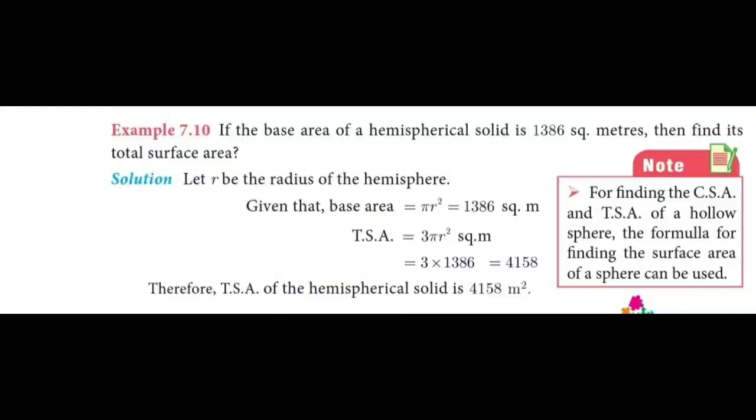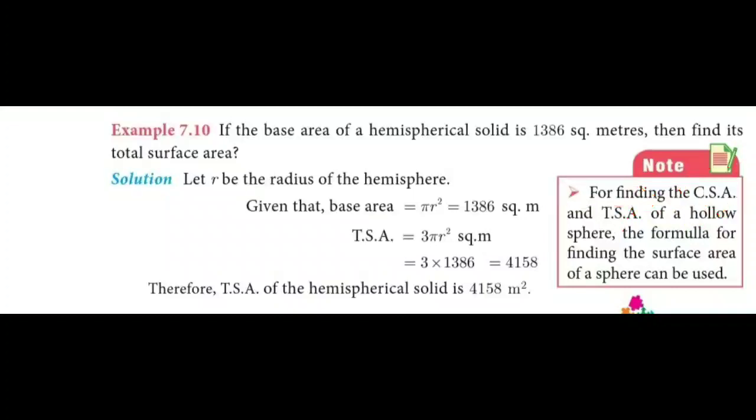Solution: let r be the radius of the hemisphere. Given that the base area is 1386, the area of the circle is πr², so πr² is equal to 1386 square meter, that is equation number 1.